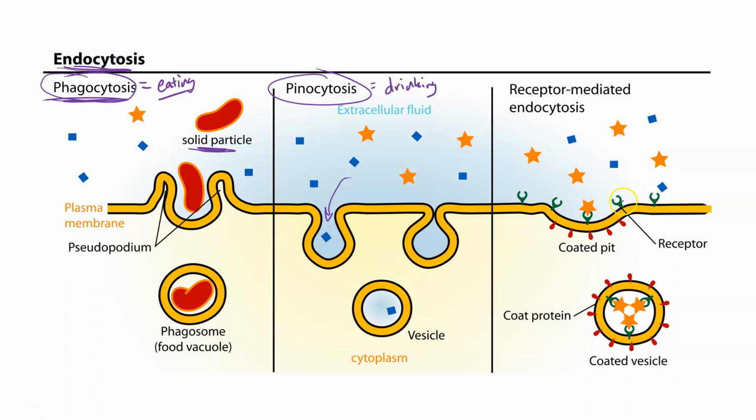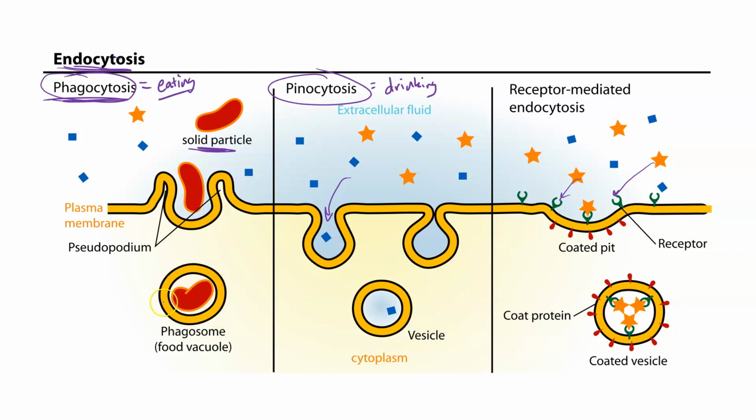These receptor proteins, which are on the surface of our cell membrane, will receive these signals. Once they receive and bind to these signals, they will invaginate or create this specific vesicle that contains the receptors that are bound to the receiving molecules, and therefore this has a very special purpose, a very special functioning that these did not have.